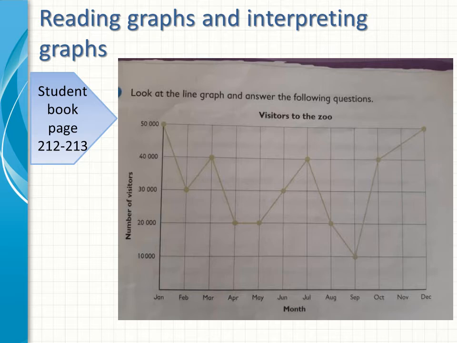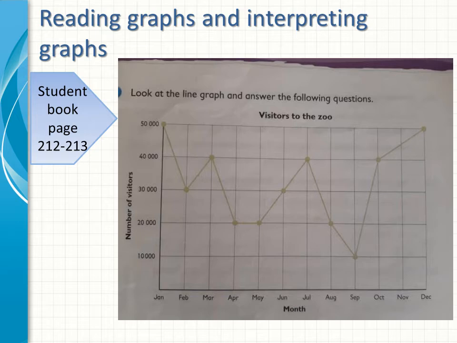This graph is giving us information about visitors who visited the zoo between January and December of a particular year. The year is not mentioned, but we have the months in the horizontal axis and the number of visitors in the vertical axis.